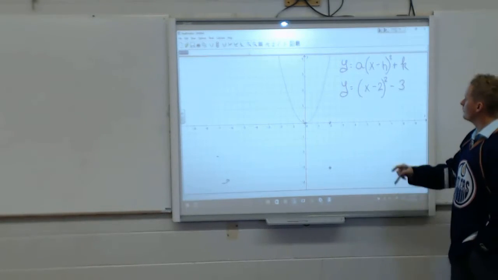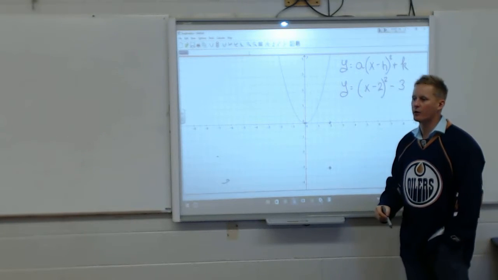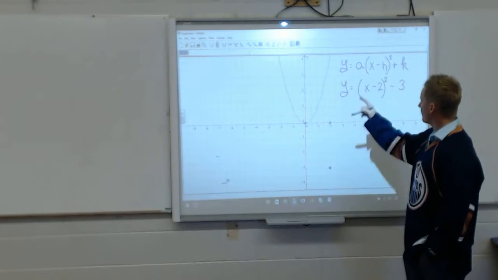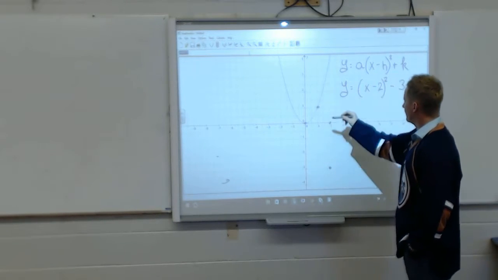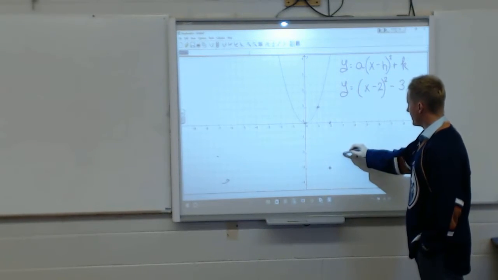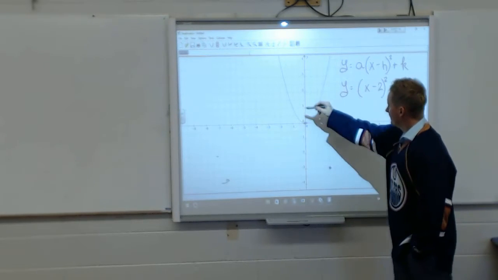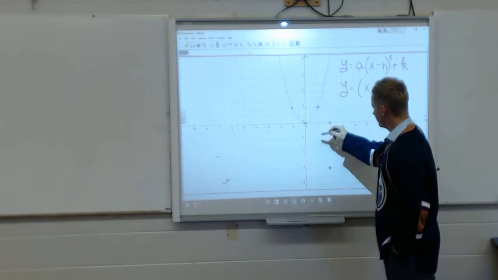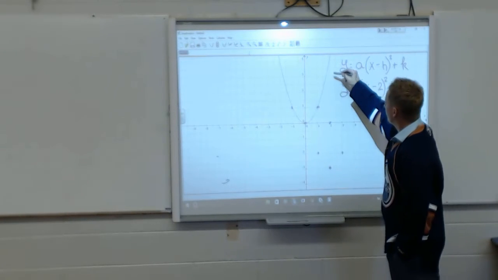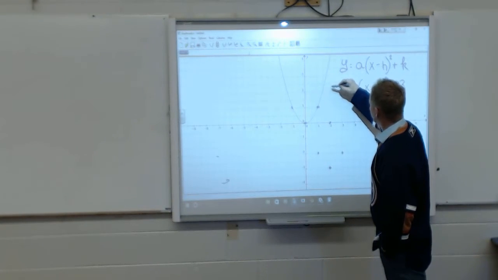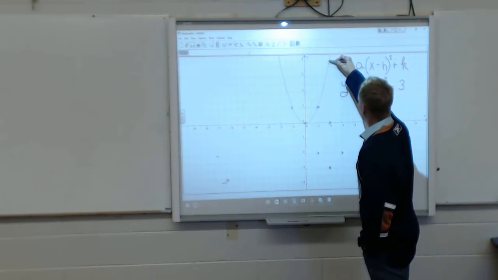Now, not only am I going to move my vertex there, I'm going to move every coordinate 2 to the right and 3 down. Here's my next coordinate at 1 and 1. Move it 2 to the right and 3 down, right there. This guy, 2 to the right and 3 down, right there. My next coordinate is way up here.